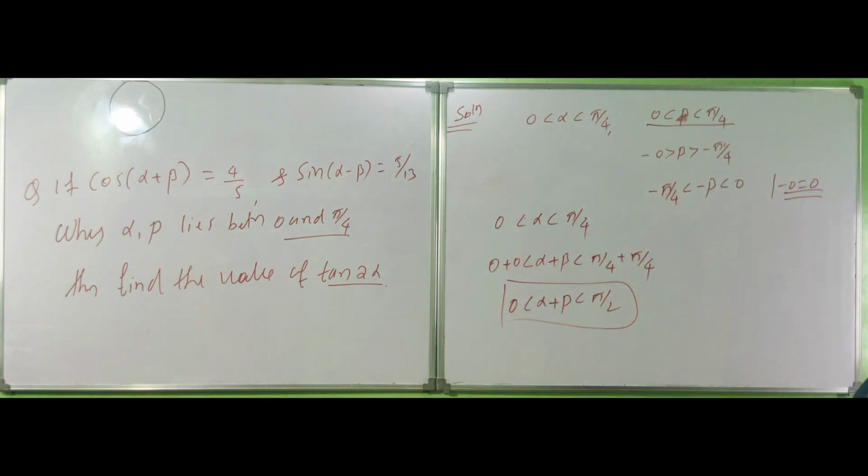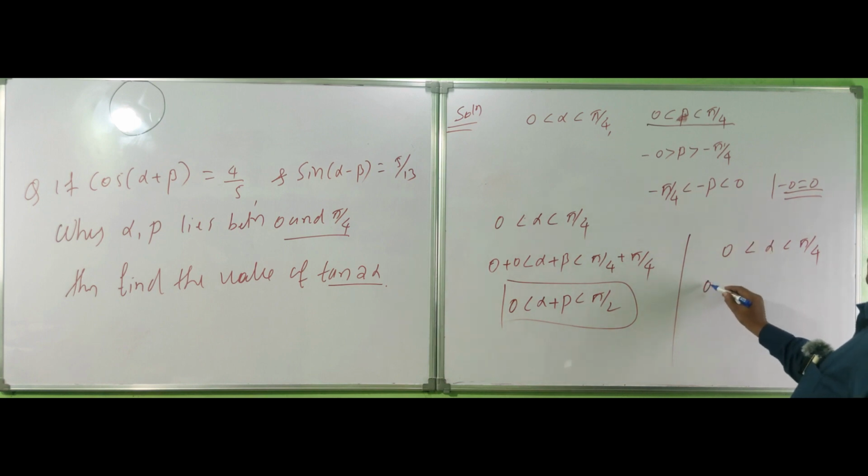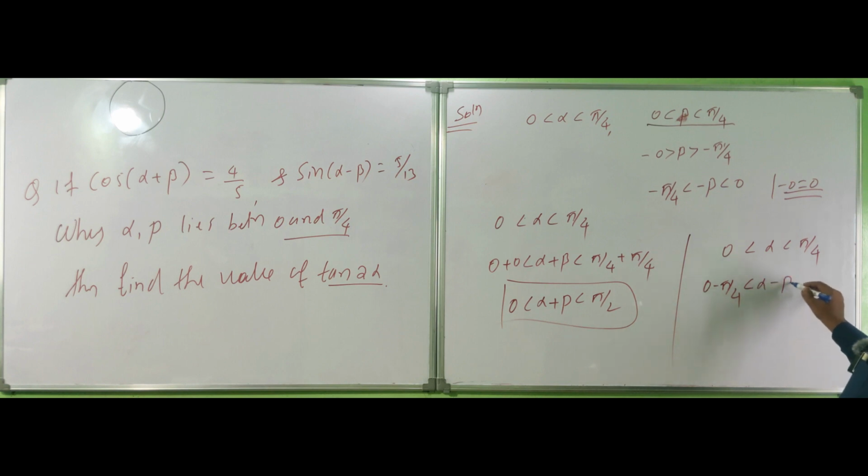Similarly, 0 is less than alpha less than pi by 4. Adding beta's corresponding values, 0 minus pi by 4 is less than alpha minus beta, which is less than pi by 4 minus 0.